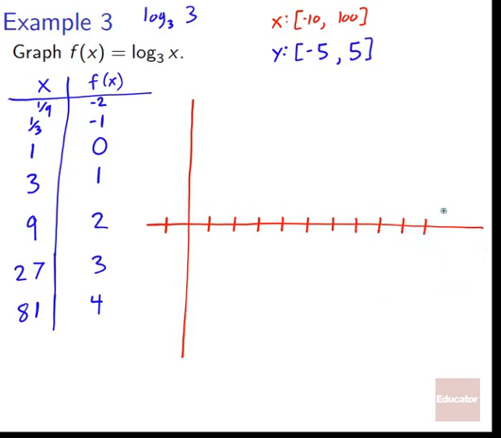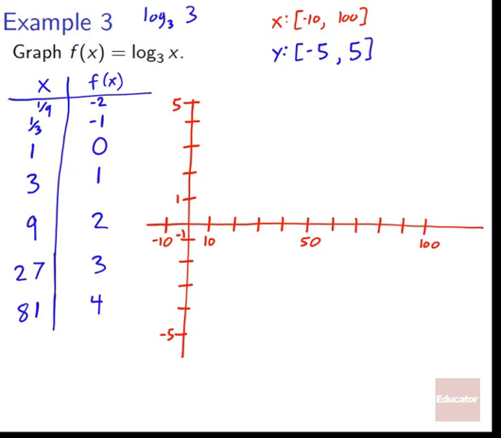We could keep going if we want, but that's good enough for us. So here is 10, here is 100, and we'll mark 50 in the middle, and negative 10. For our verticals, 1, 2, 3, 4, 5, here's negative 1 through negative 5, positive 1 through positive 5.